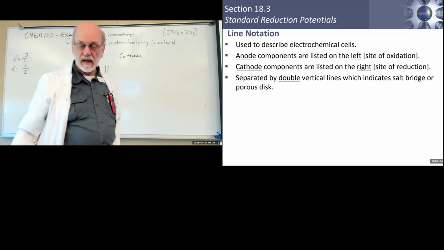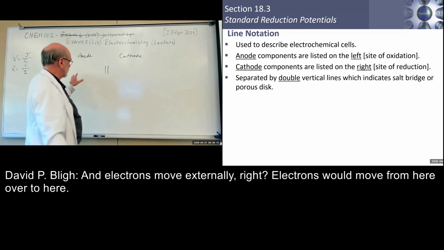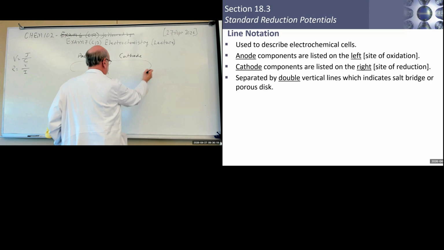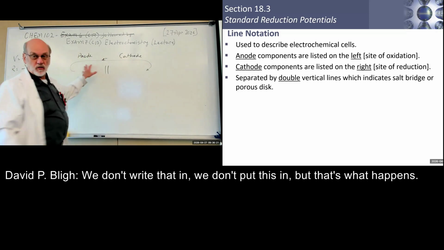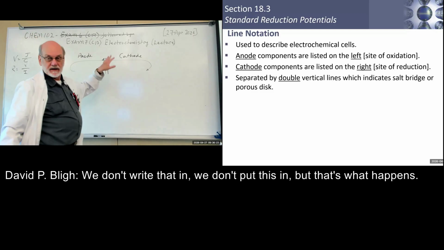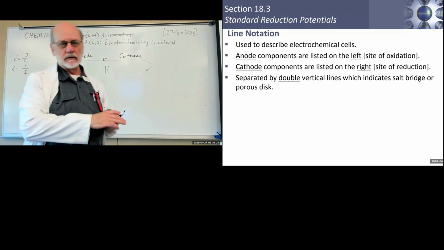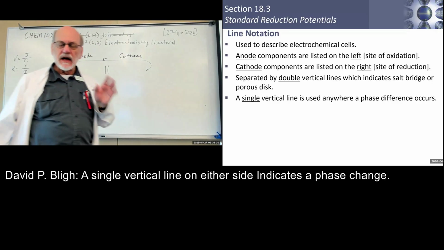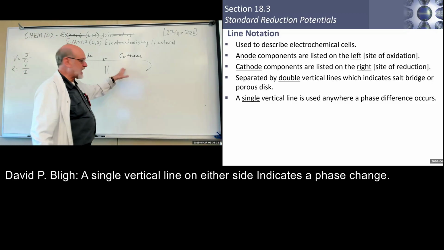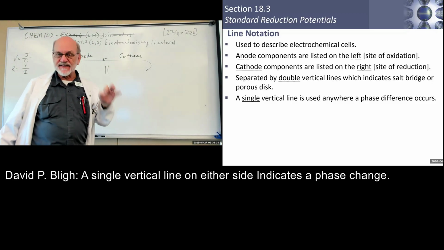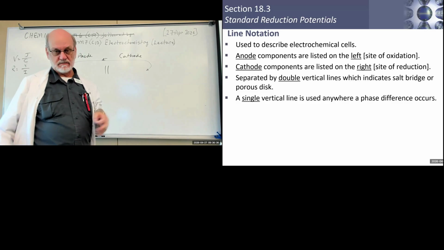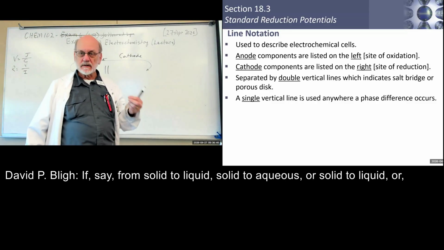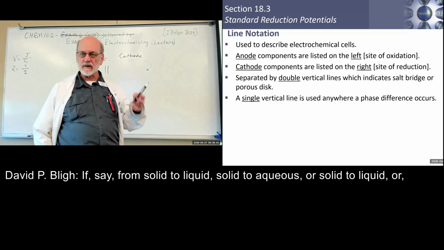Electrons move externally from the anode over to the cathode. We don't write that in, but that's what happens. A single vertical line on either side indicates a phase change, say from solid to liquid, solid to aqueous, or gas to liquid.